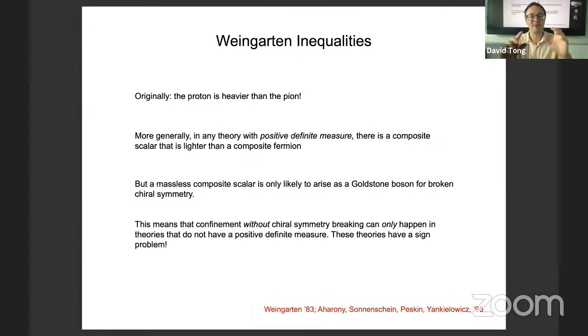But remember, the determinant of a massive Dirac operator is determinant of d-slash plus m and is positive definite only if m is positive. But now you have Yukawa terms, it's d-slash plus phi. And phi is oscillating, positive and negative. So turning on Yukawa terms means you no longer have a positive definite measure and allows this confinement without chiral symmetry breaking to happen.